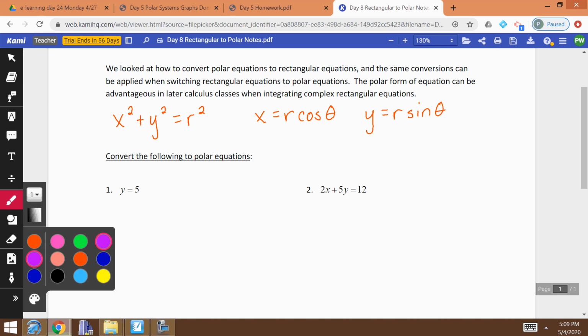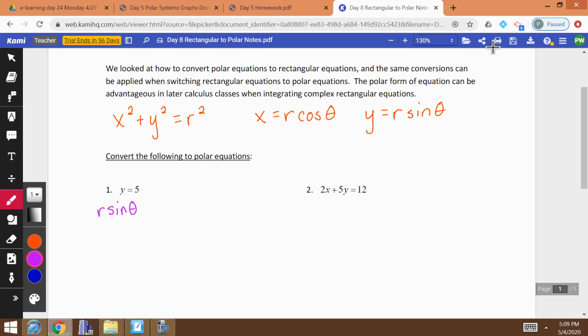So looking at the first one, like I said, we actually did this one the other way around on our last notes. If I have just a singular y, any kind of y in there, I know I can look at y equals r sine of theta. So if I replace the y with r sine of theta, and that equals 5, we're basically almost done.